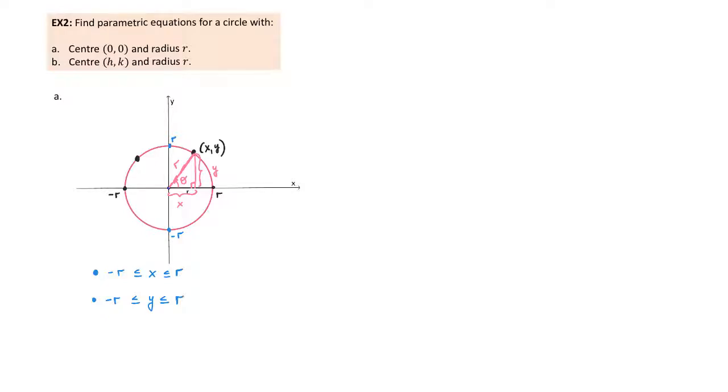So by right triangle trig, we know nicely that cosine of theta is going to be equal to x over r. And that immediately means that x is equal to r times cosine of theta.